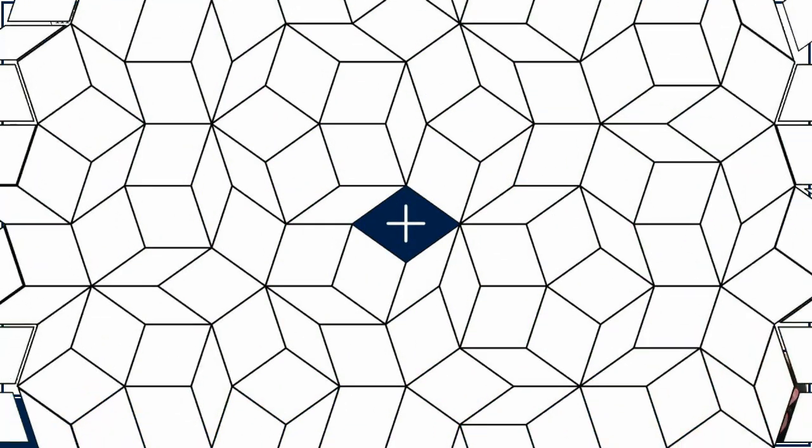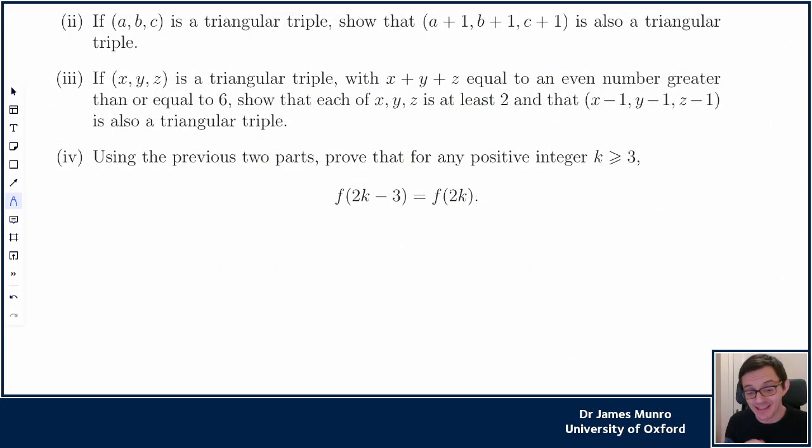Oddness and evenness. Part 4 links together those two previous ideas. We showed that whenever you have a triangular triple, you can add 1 to each side to get a new triangular triple. And we showed that if x plus y plus z is even and bigger than or equal to 6, you can subtract 1 from each side and get a triangular triple.